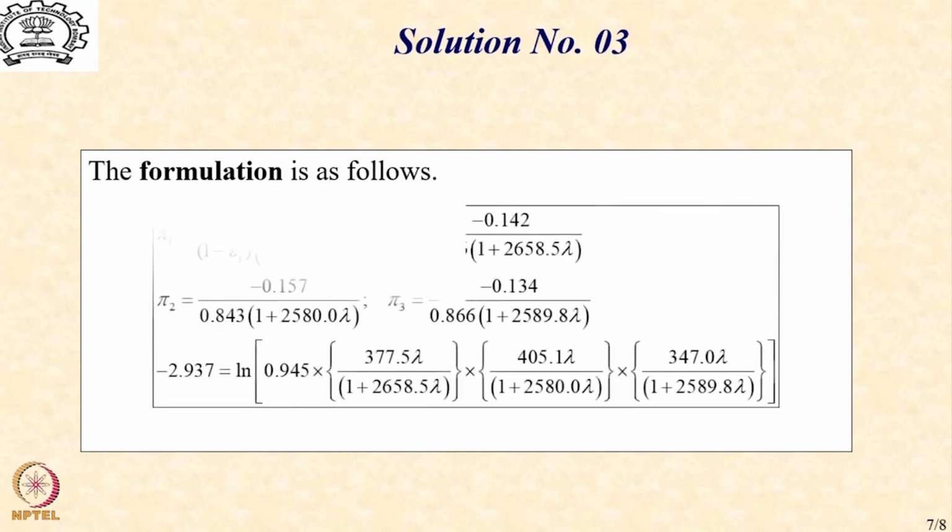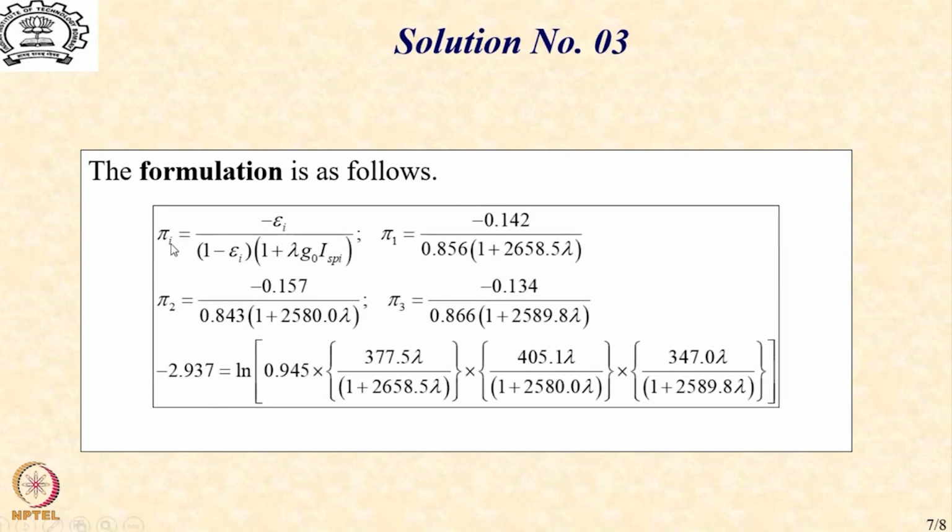Let us recall the solution for the stage payload ratio in the present case, which is pi i equals minus epsilon i divided by 1 minus epsilon i, into 1 plus lambda g naught Isp i, where lambda is the Lagrange multiplier. Using the parameters that have been specified in the previous slide, let us now write down pi 1, pi 2 and pi 3 in terms of lambda.